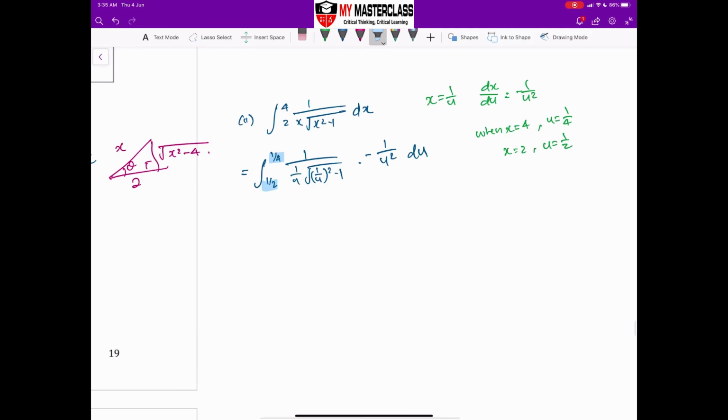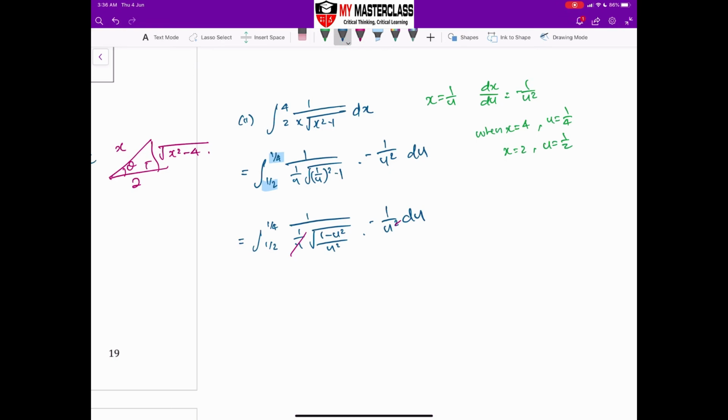Over here I'm just going to quickly guide you through the manipulation. Of course, the integration part I'm going to leave to you. I'm just going to combine them: 1 minus u squared divided by u squared, times negative 1 over u squared du. Take note, this and this can cancel away.